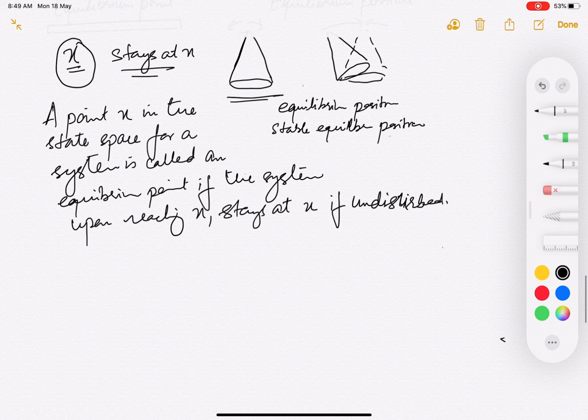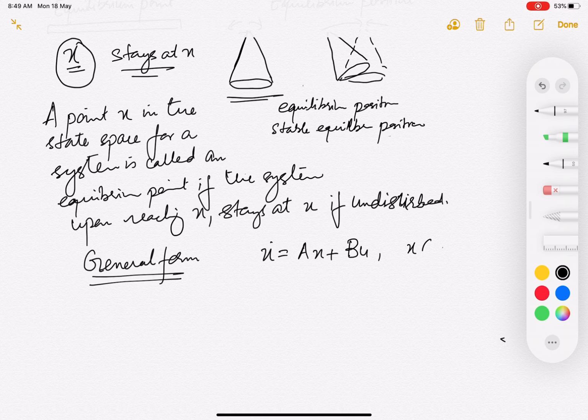Now what is the general form? How would you write a nonlinear system, or a general system, in the state space form? You used to write linear systems like x dot is equal to ax plus bu, where x was an n-dimensional vector and u were the inputs, y is equal to cx.